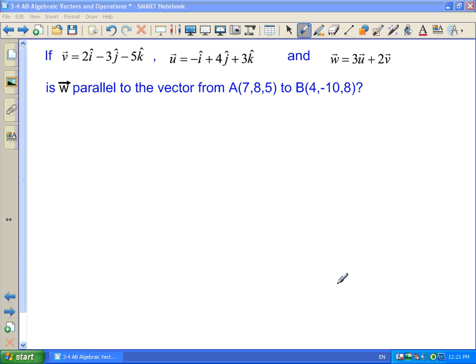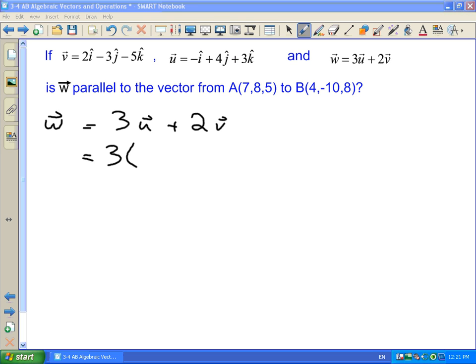First thing we want to do, I think, is figure out what w is going to be using our i hat, j hat, k hat notation. So we know that w is 3u plus 2v, and we saw on the last slide how we do scalar multiplication of vectors. So we can just sub in what we have for vector u.